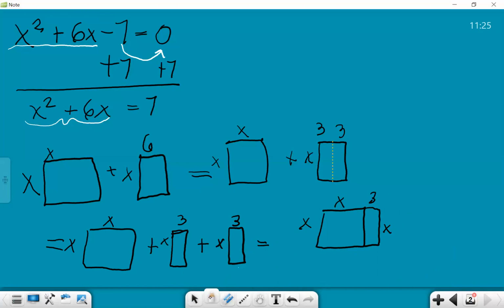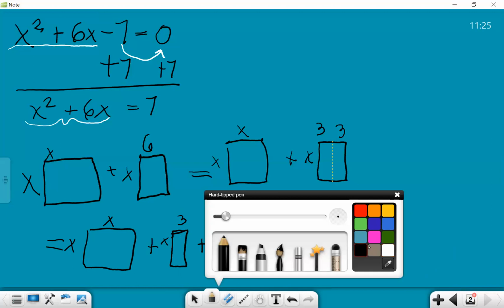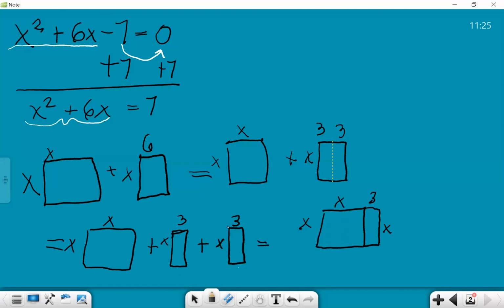So this distance x is going to go right here. So this is still x. The height has now become kind of the length. And this distance 3 is now this distance 3.